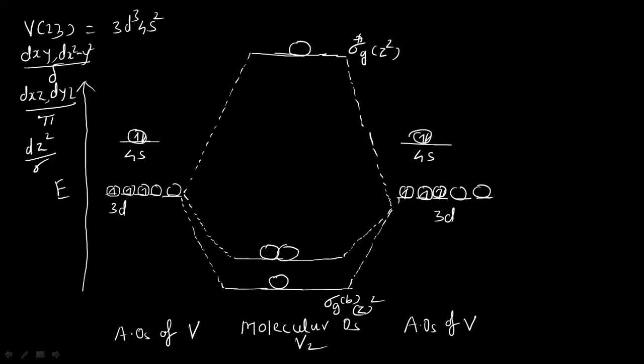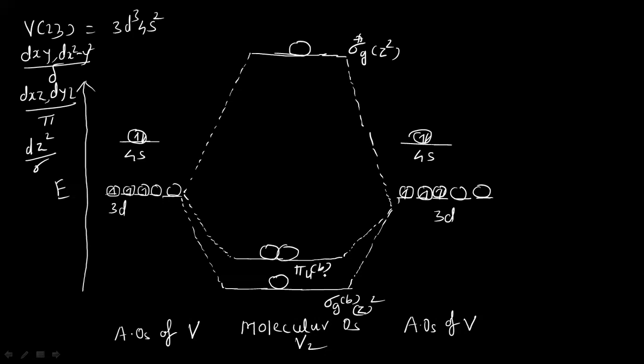So here pi bonding molecular orbitals are formed. We can give the symbol to it, pi u bonding molecular orbital, because these molecular orbitals do not have the center of symmetry, so it is an uneven orbital, pi u.